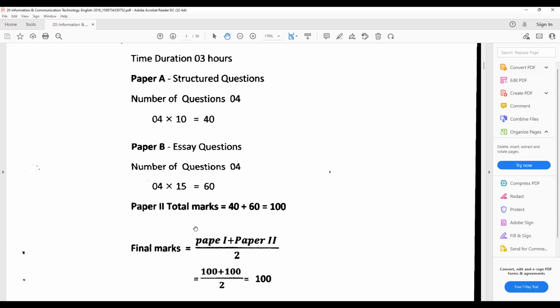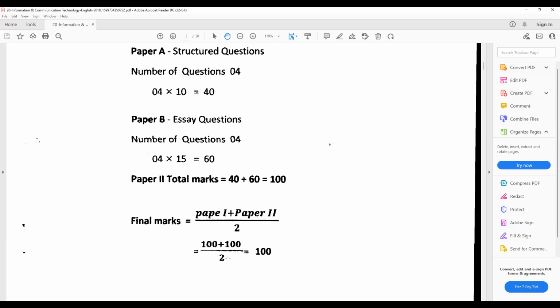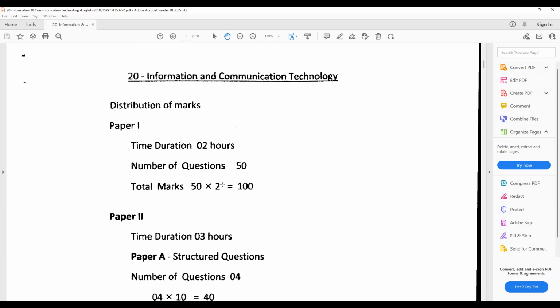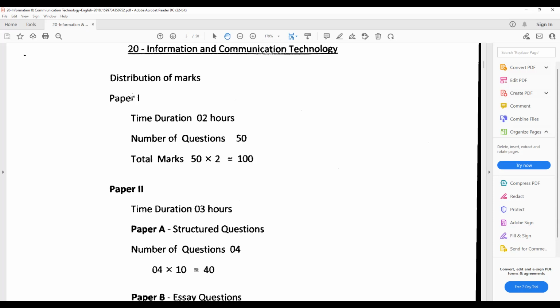The marks are given out of 100, and then they will be divided by 2 for the final mark. And in paper one, you have 2 hours of MCQ questions. We have 50 questions for 2 hours.